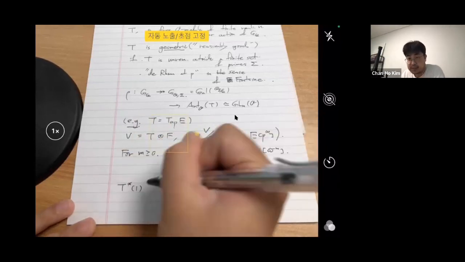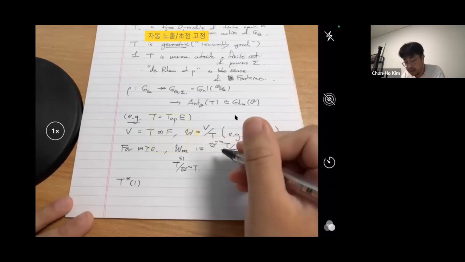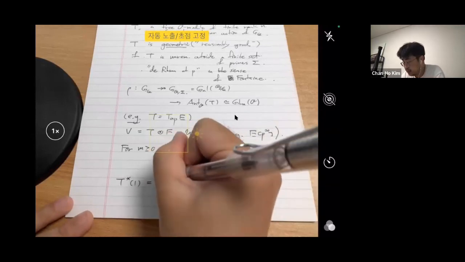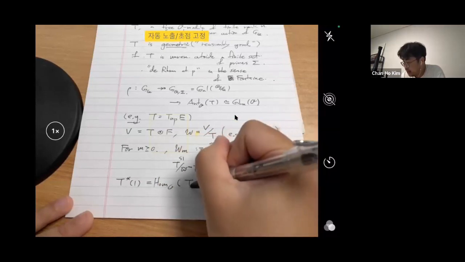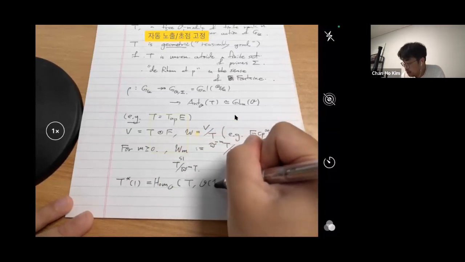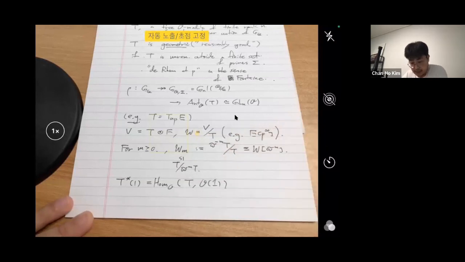Now I consider its dual. Star means the linear dual, and (1) means taking the Tate twist, which means Hom_O-linear maps from T to O(1).